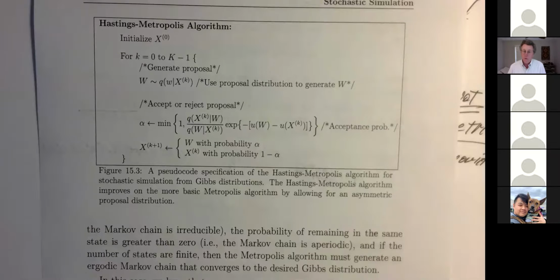There's no formal theory, as far as I know, that says exactly what's optimal. But you want to pick a proposal distribution that changes the state, but not so much that it's going to get rejected a lot. It's a little bit like writing research proposals.